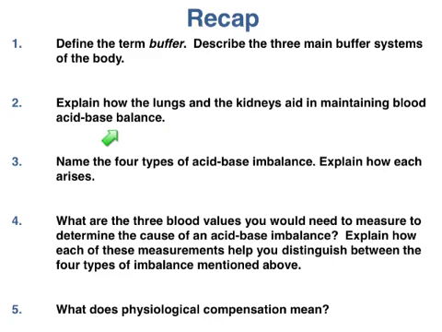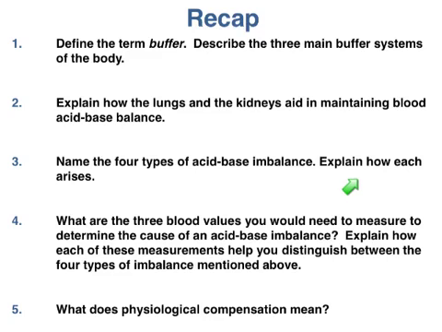You should be able to identify the 4 types of acid-base imbalance: metabolic acidosis and alkalosis, respiratory acidosis and alkalosis, and talk about at least some of the ways in which each arises. You should be able to say explicitly how respiratory alkalosis and acidosis arise, and talk about some of the ways that metabolic acidosis and alkalosis can arise.